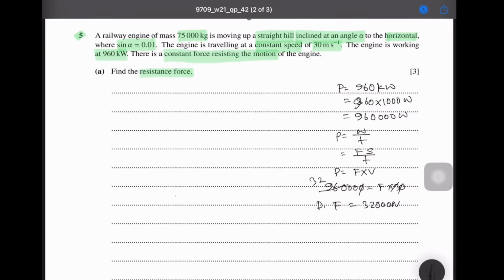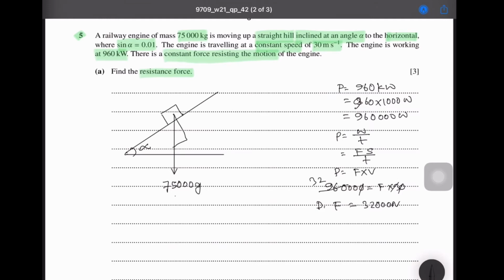Now let me draw the diagram. This is the inclined plane and the angle is alpha, and this is the railway engine of 75,000 kg, weight 75,000 g.